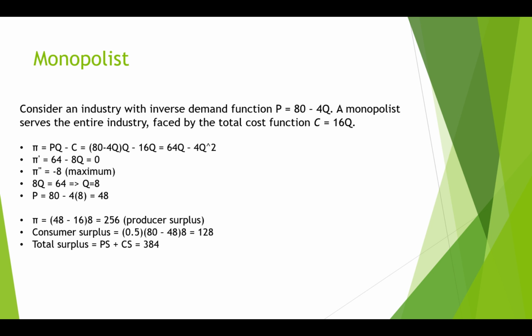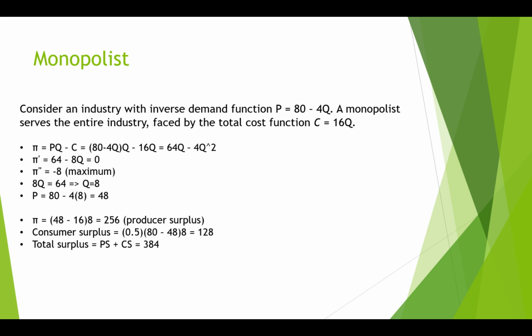So the main reason for including this is because I've linked it into the example with asymmetric costs later on. So this just makes it easier to follow, and we can skip through a lot of the working out there.